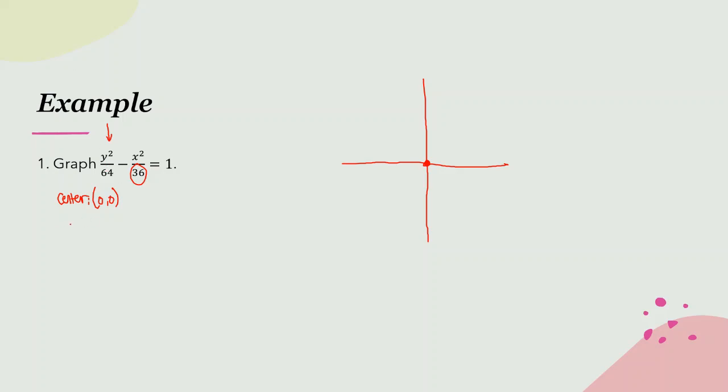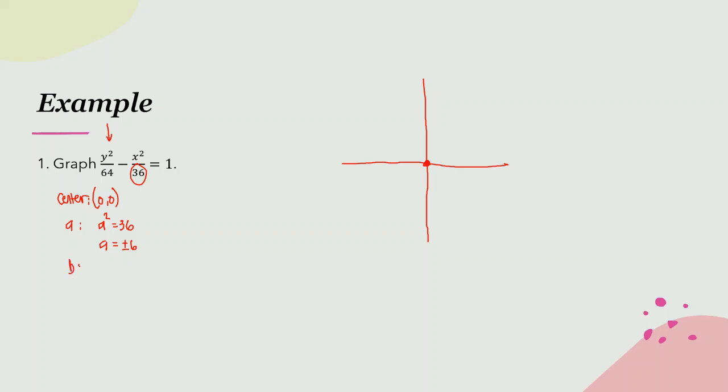For the horizontal, that is for a, we have to find the value of a. So a squared is equivalent to 36. Square root both sides, square root of 36, so our a now is positive and negative 6. That is how we locate our horizontal axis.